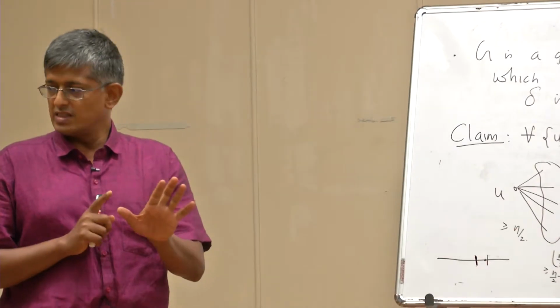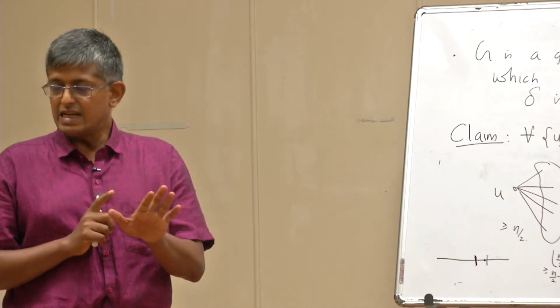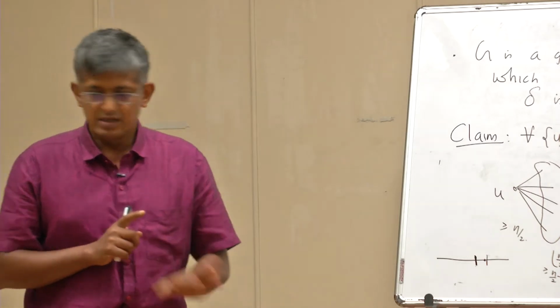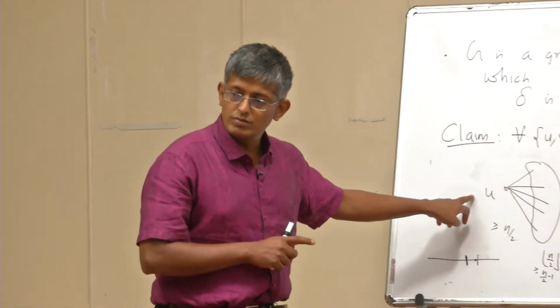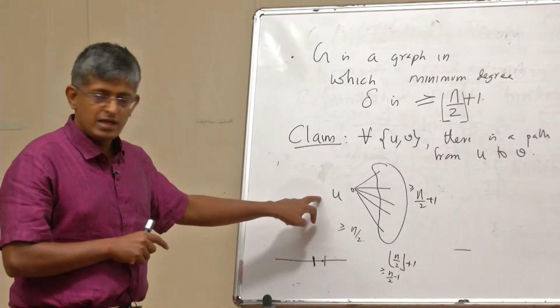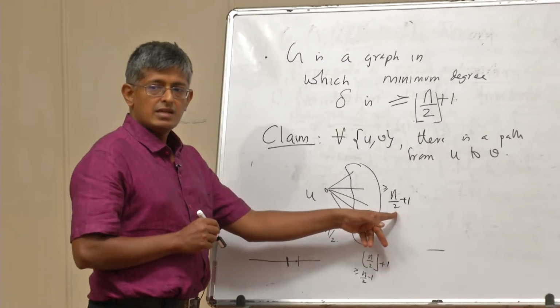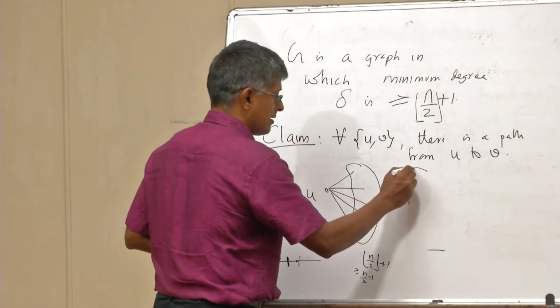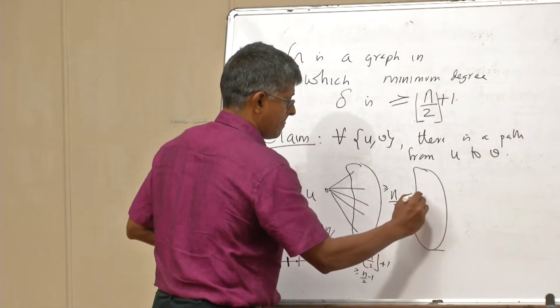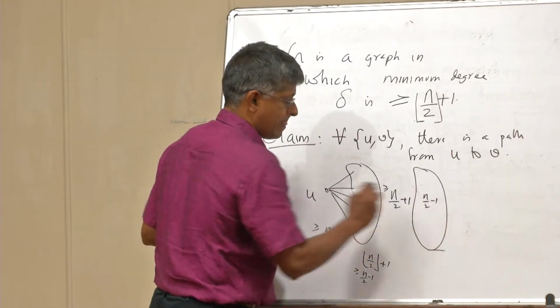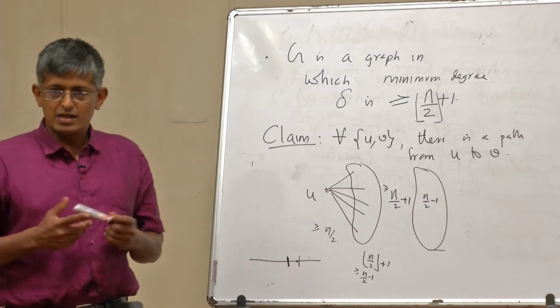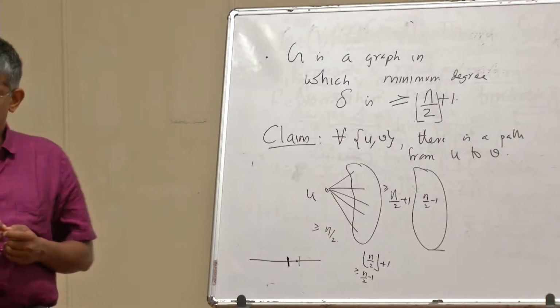The total number of vertices that you would have counted now is at least n by 2 plus 1, including this particular vertex u. Now you look at how many vertices are remaining: at most n by 2 minus 1, because there are only n vertices in the graph.